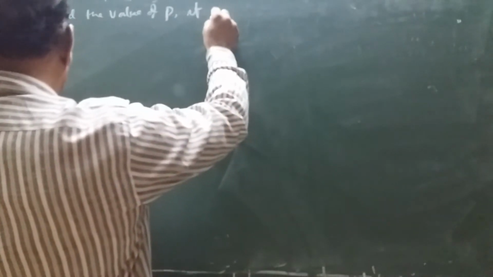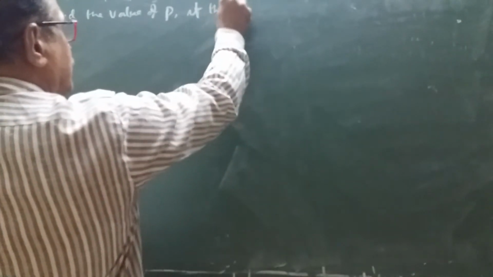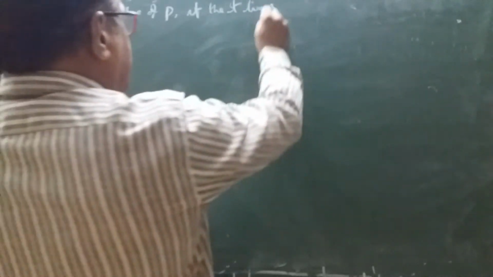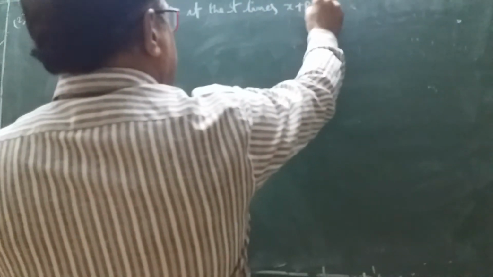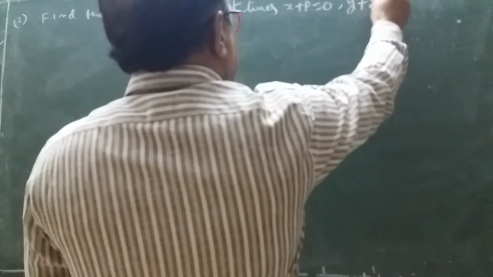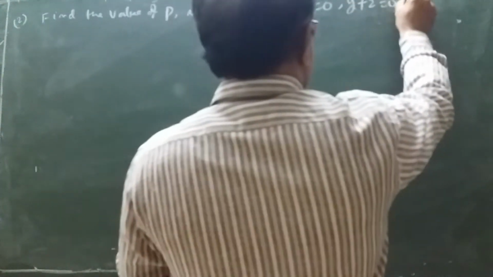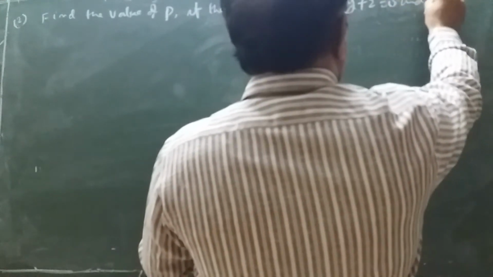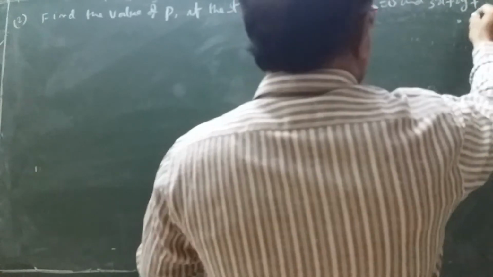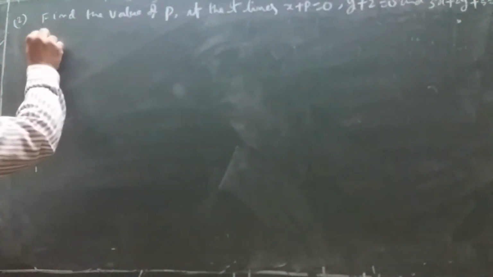if the straight lines x plus p is equal to 0, y plus 2 is equal to 0, and 3x plus 2y plus 5 is equal to 0 are concurrent.